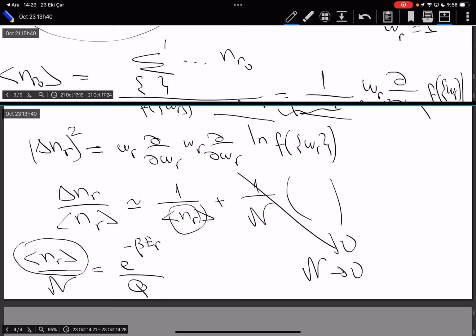But that means that this just goes to 0 as n goes to infinity. So although we are talking about the averages or the most probable, the probability of a fractional fluctuation goes to 0. How does the second term go to 0 as n goes to infinity? This one. Yes, because it's proportional to 1 over n with something that doesn't increase with n. Sorry, I have infinitely many copies in my ensemble.